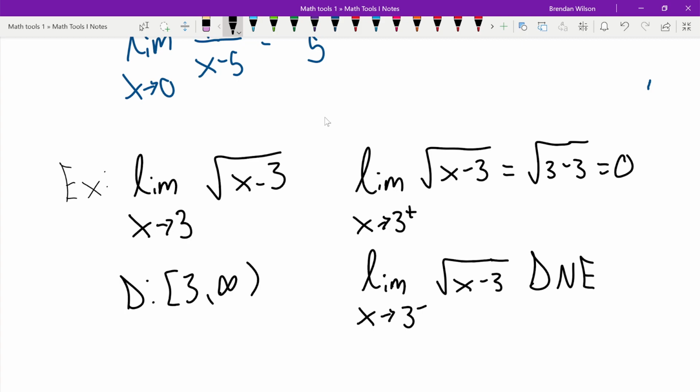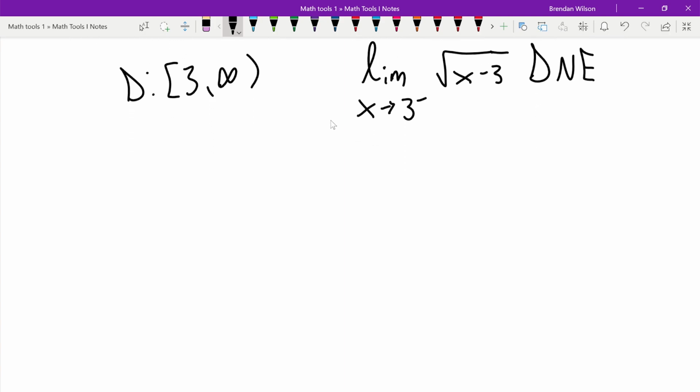Okay, so with that in mind, I think that's a good transition into looking at a piecewise function and how we would find the limit for a piecewise function.